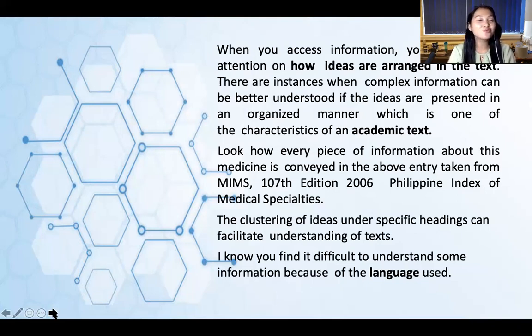So take note, class, one of the characteristics of an academic text is organization, meaning it's organized. Then look for every piece of information about the specific information. For example, if it's about medicine, okay, that is being referred to in that text, okay?